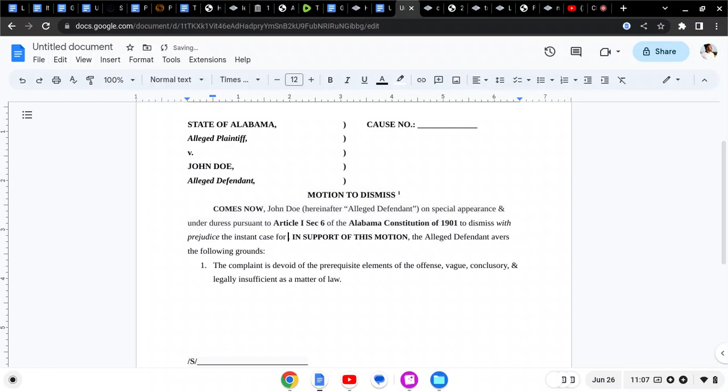We're going to say for failure to give fair notice, for failure to inform the alleged defendant of the cause in the manner mandated by due process.